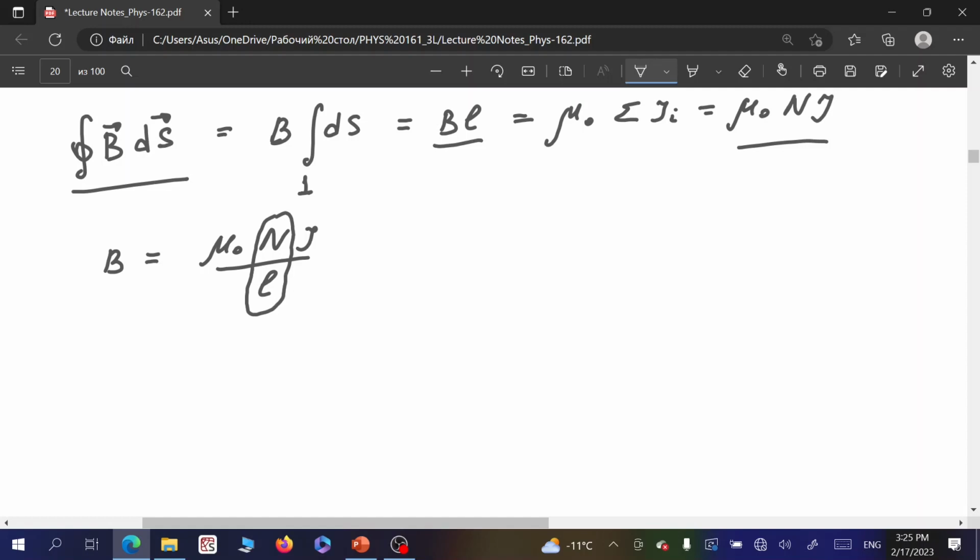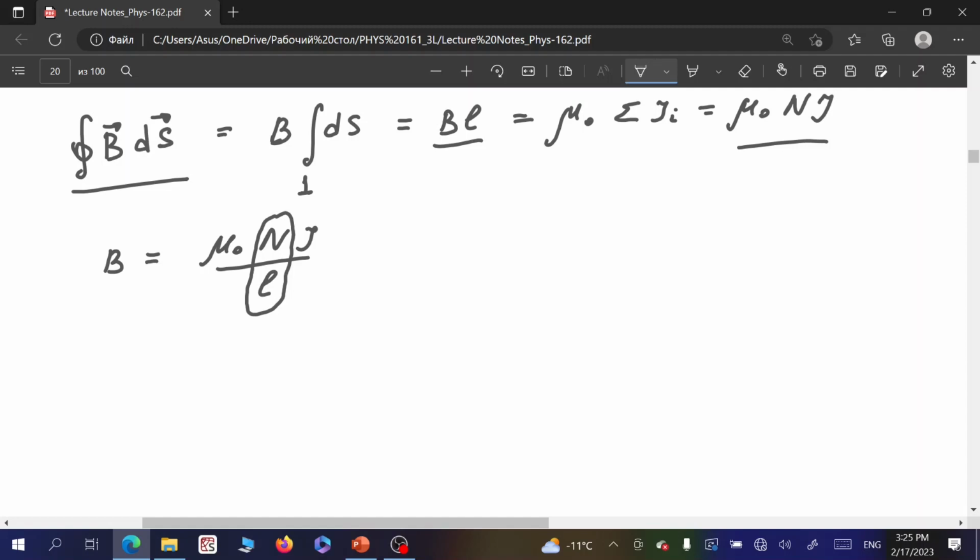If we make big gaps between turns, or we put them close to each other, or let's say we are using a wire with larger cross-section diameter or smaller. So with a small one, we can make more turns. If we pack them close to each other, then we can increase number of these turns, like coils of wire per unit length. So that is an important parameter which describes the feature of the solenoid.